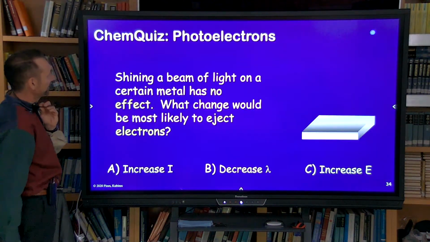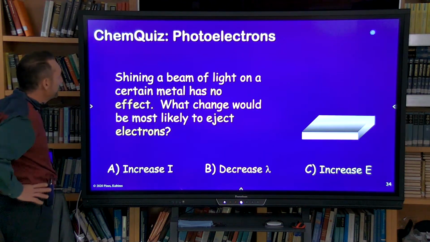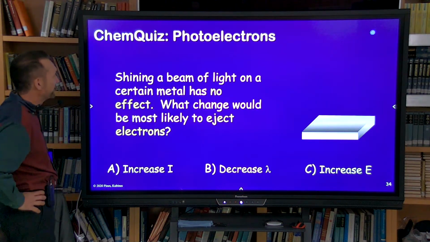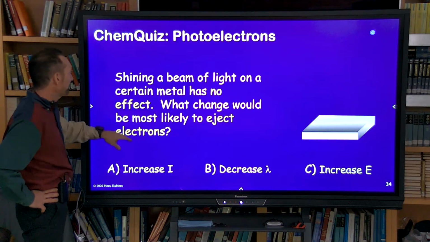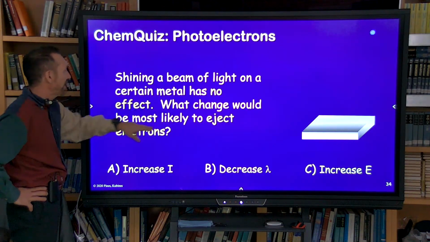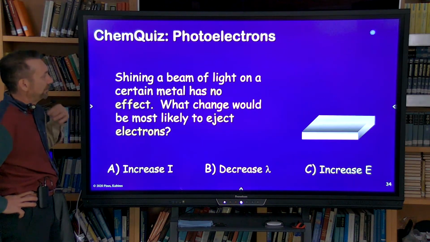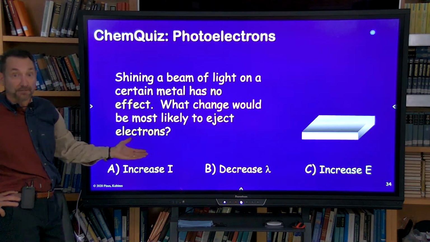So let me ask you this. Shining a beam of light on a certain metal has no effect. What change would most likely get it to eject electrons? We'll go through this one together.